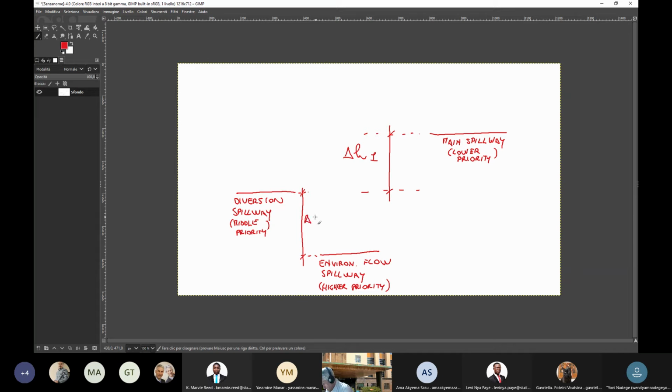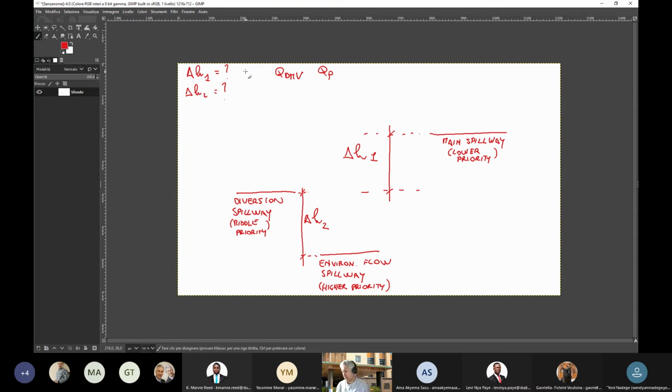Let me call it delta H2. Okay. Now the question is, what is the value of delta H1? What is the value of delta H2? Okay. Now keep in mind that you need to know, as preliminary information, QDMV, and also you need to know QP, which is the design diverted flow. Okay.